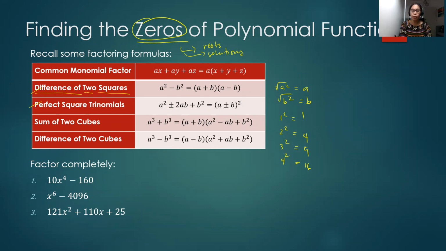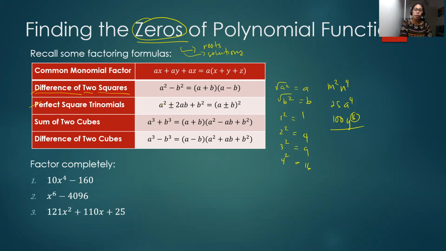In the case of algebraic expressions, variables whose exponents are even are considered perfect squares. So m squared and n to the fourth are perfect squares. Like 25a to the fourth is a perfect square expression. 100y to the 16th is a perfect square expression. We know that 100 is a perfect square, while 16 is even. So we can say that 100y to the 16th is a perfect square expression.